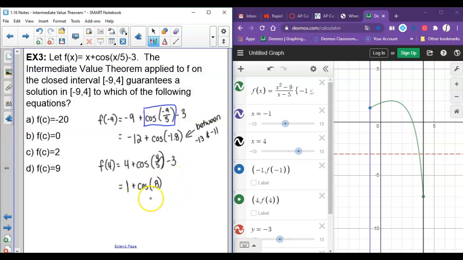Again, we don't really know this exact value of cosine of 0.8 if we don't have a calculator, but we do know the largest it can be is 1, the smallest it can be is -1. So that means that this value here has to be between 0 and 2.